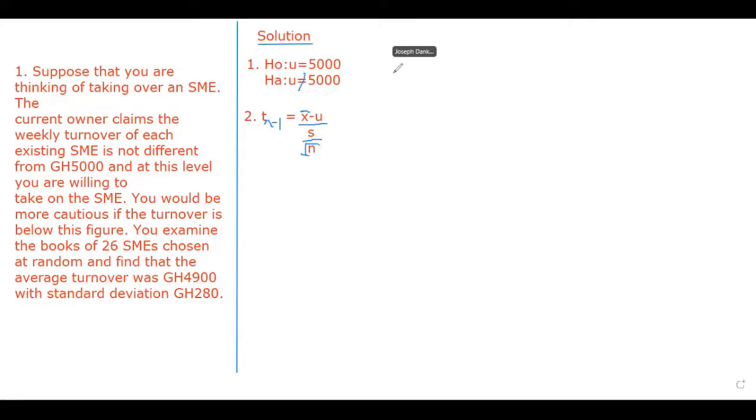So this is the formula. We have to list our parameters before we start solving. Mu is 5,000, X bar, which is the sample mean, is 4,900, our standard deviation S is 280, and our N is 26.